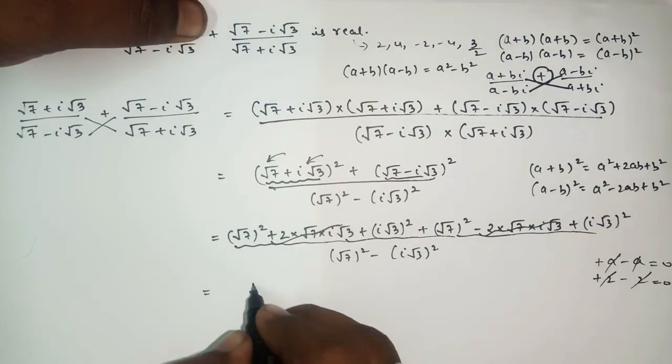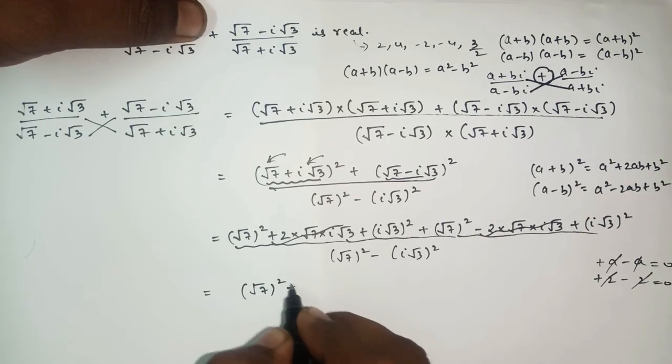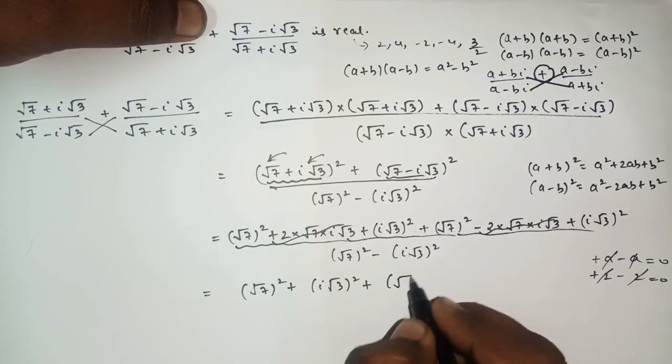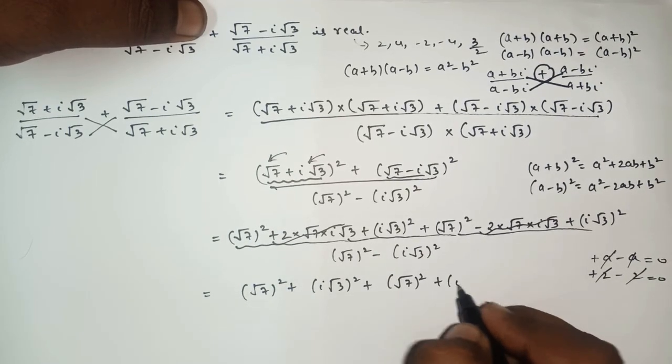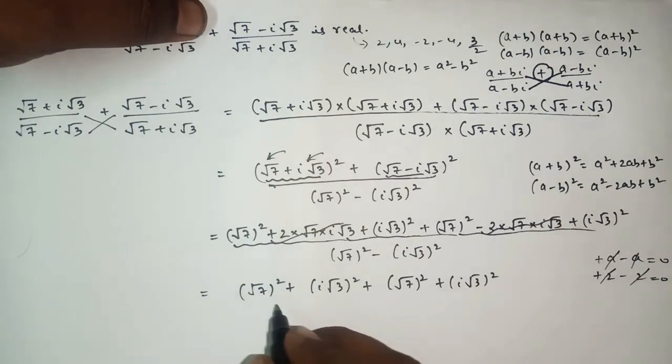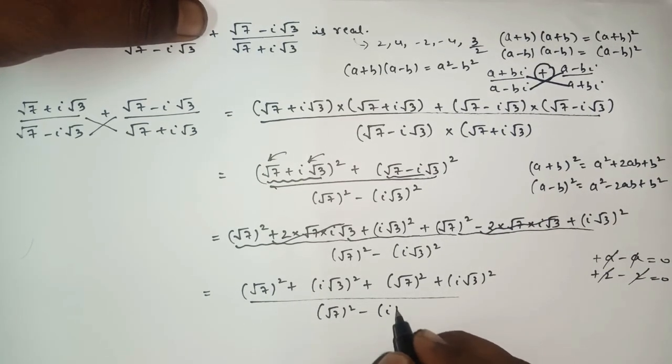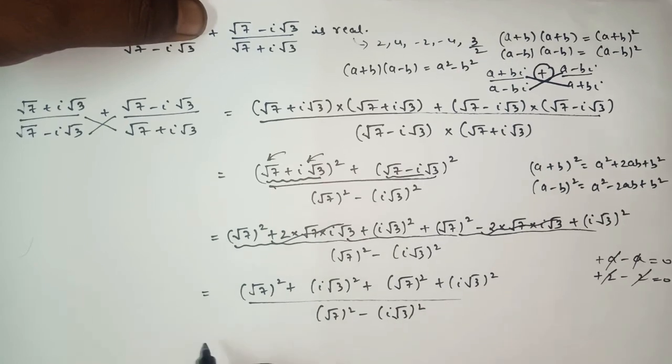So here we are left with root 7 the whole square plus i root 3 the whole square, plus root 7 the whole square plus i root 3 the whole square, upon root 7 the whole square minus i root 3 the whole square.